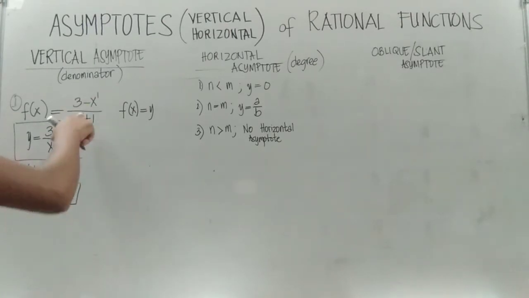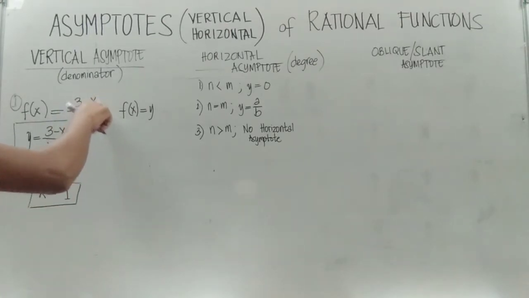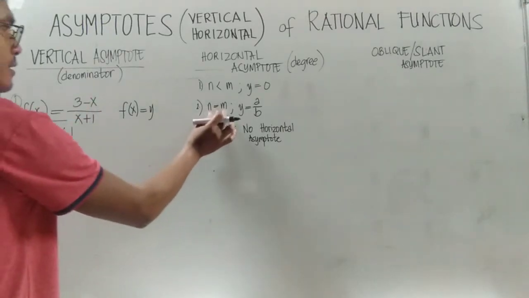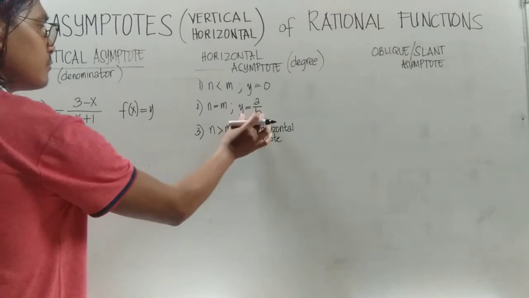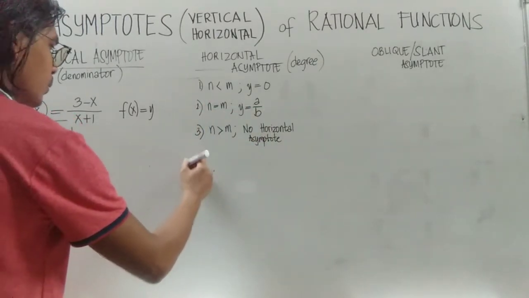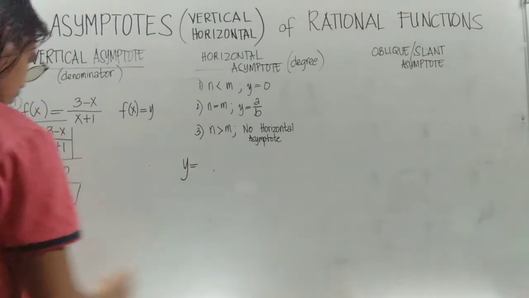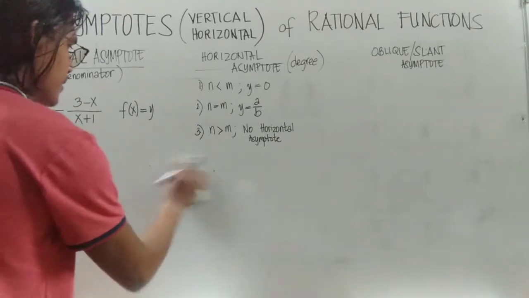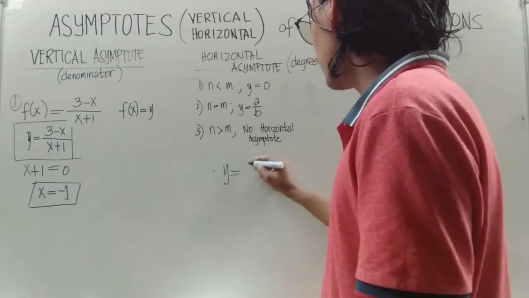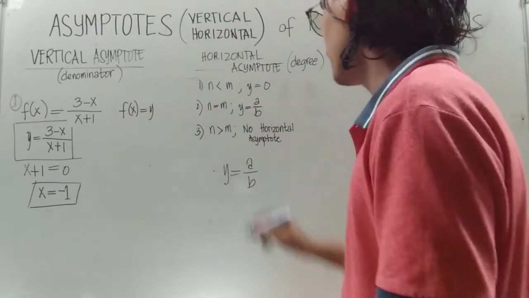So we are on the linear degree, both are linear. When the degrees are the same, we solve it as y equals a over b.